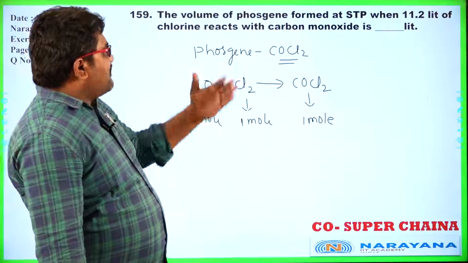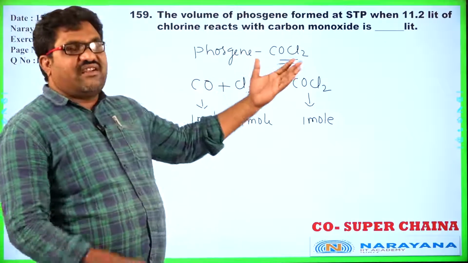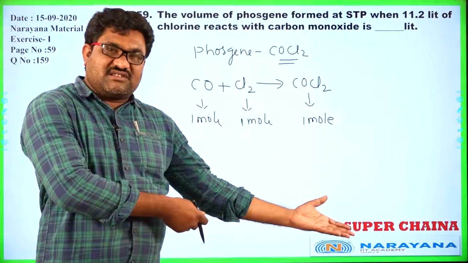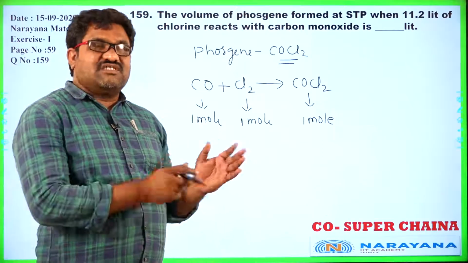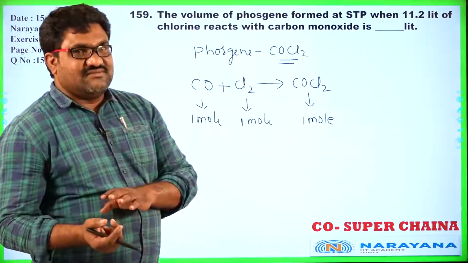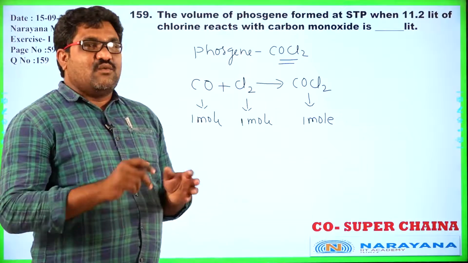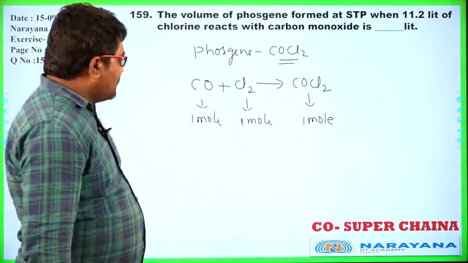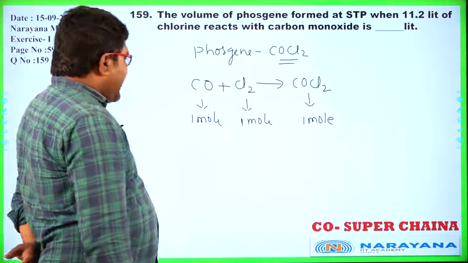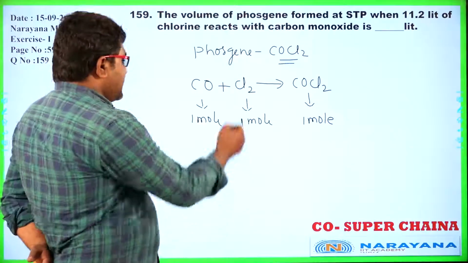In the given problem, he has given the volume of chlorine and asked about the volume of COCl2, that is phosgene formed. Volume was given and volume was asked. This relation is called the volume-volume relation.